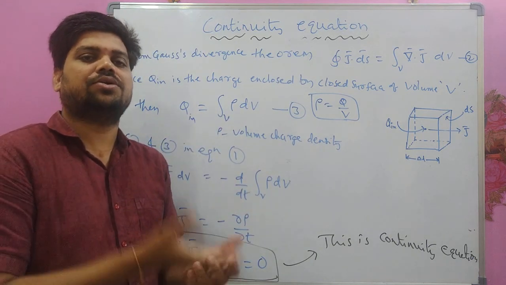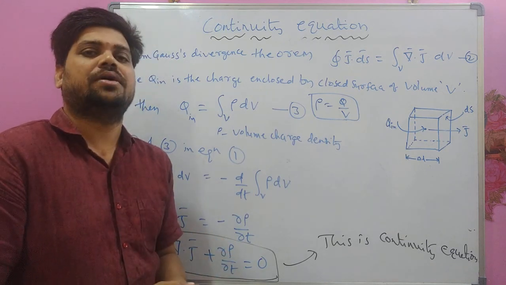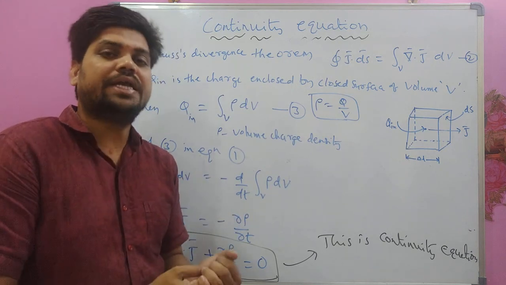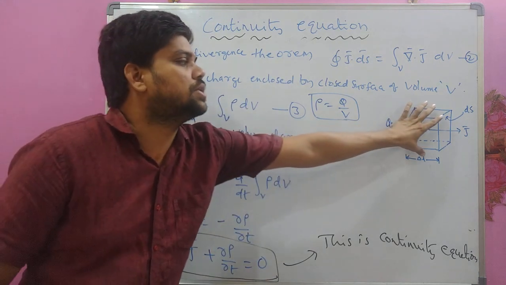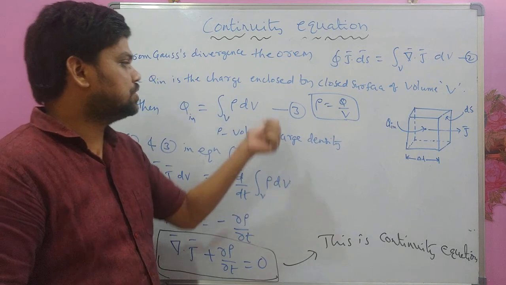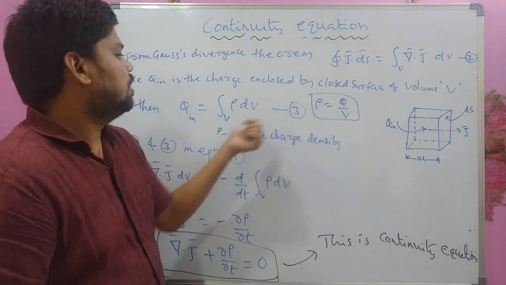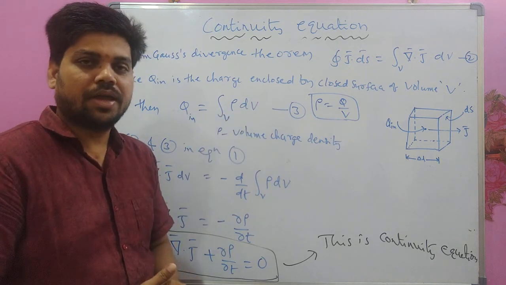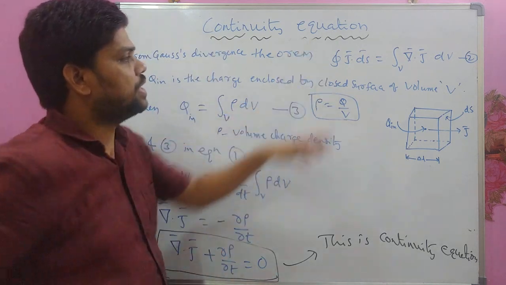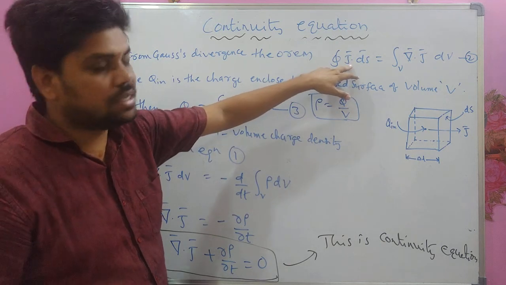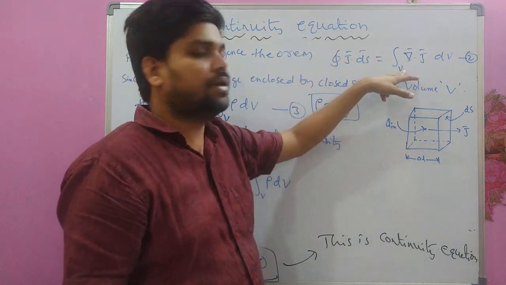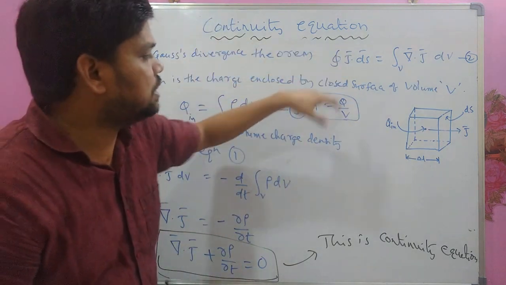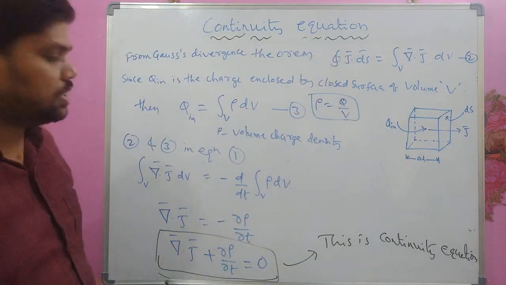So I out equal to integral J dot dS equal to minus dq in by dt, and that q in is the total charge enclosed by this surface of volume V, and hence q in can be written as rho into V, or integral V rho dV. And from the Gauss divergence theorem we can write integral J dot dS, that is I, is equal to the volume integral of del dot J dV. And this in equation number 1, we get this.